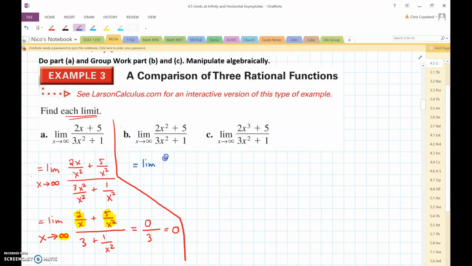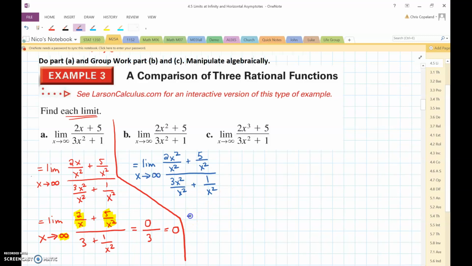So again, I'm going to take every single term and divide it by x squared, and we're going to see what happens when x is approaching infinity.